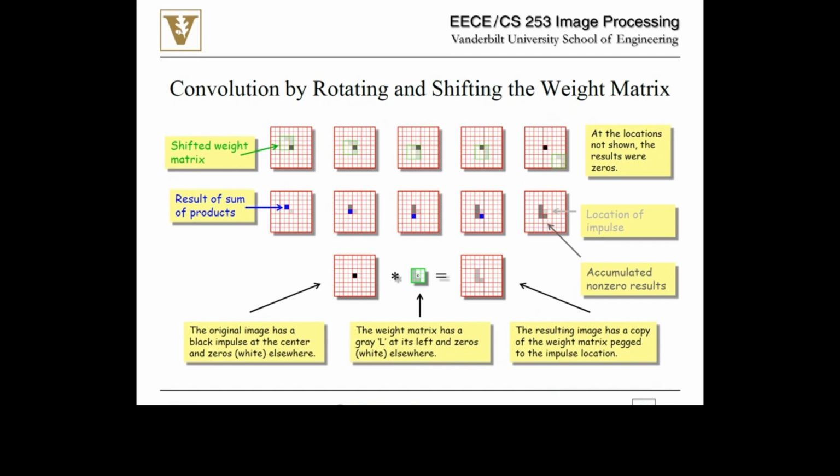So the only 4 locations that are different from 0 are this one, this, this, and that. All those sums are 1, and if you collect all those blue points, this is what you get. You have the L. So it behaves as it should. Delta convolved with the kernel shifts the kernel to the location of the delta. And in the process, I have used the middle kernel. I have to use the middle kernel.